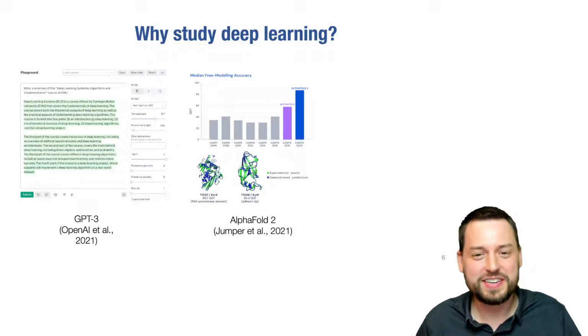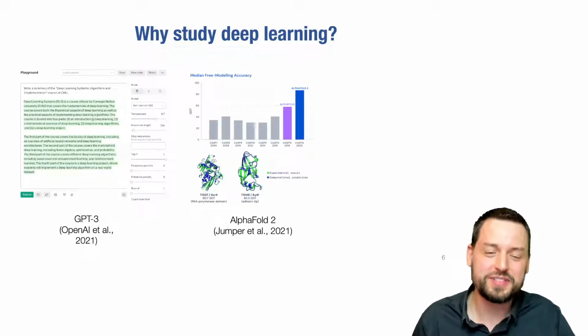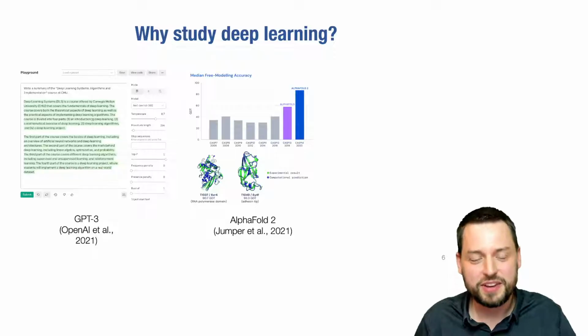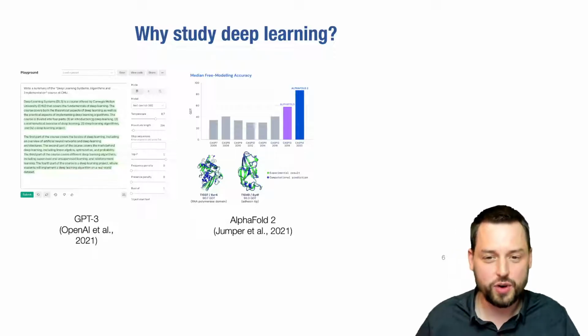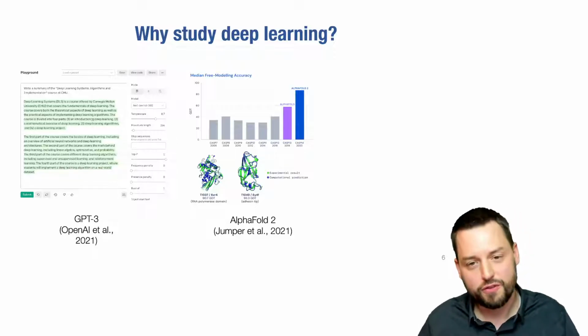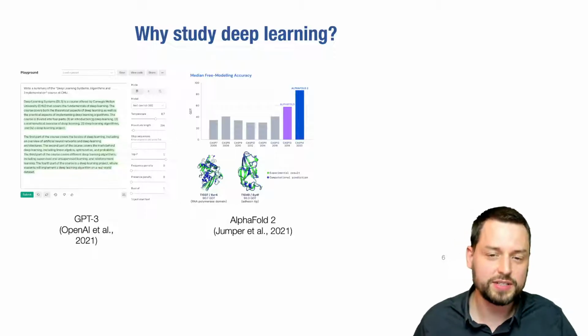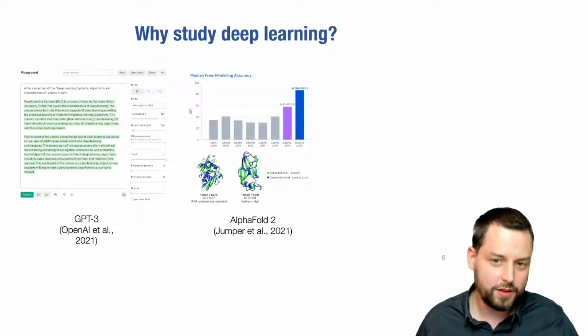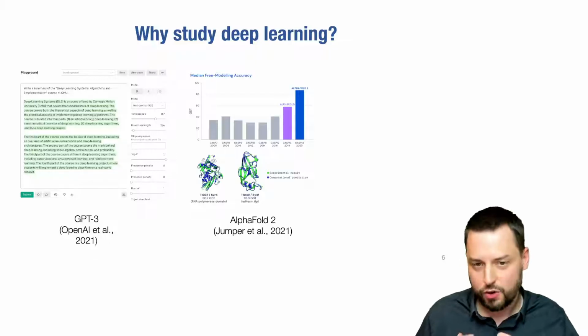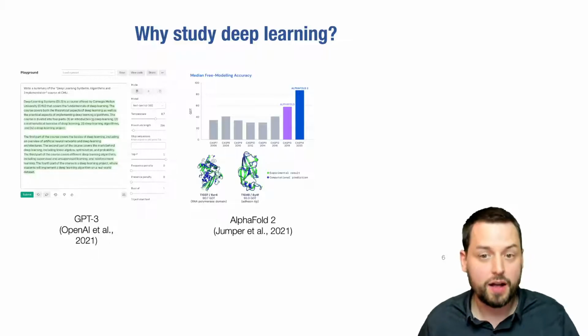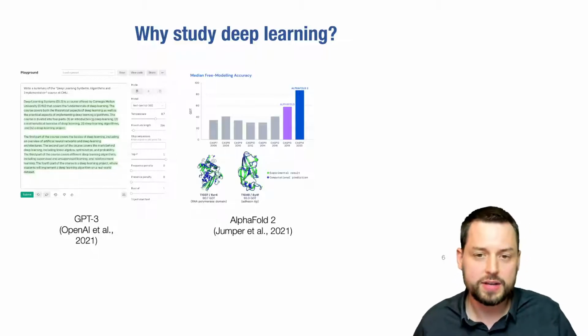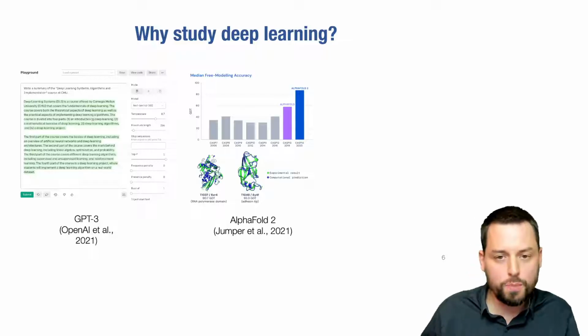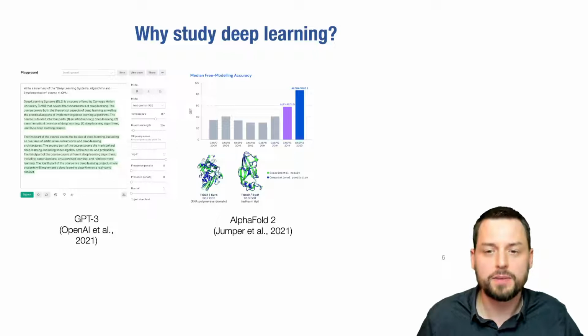You've also probably seen AlphaFold and the AlphaFold 2 system. This is a system that predicts the 3D structure of proteins from their DNA sequence. For a very, very long time, this has been a grand challenge in biology, understanding how DNA sequences form the 3D structure of proteins that actually carry out tasks in the body.